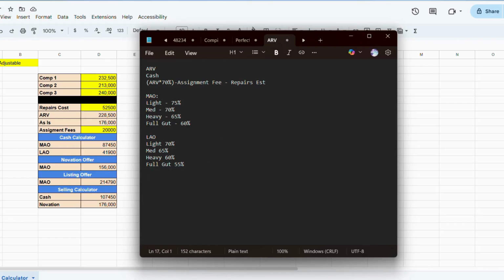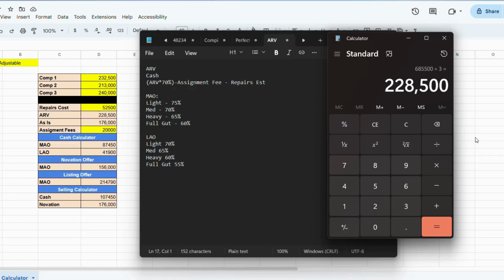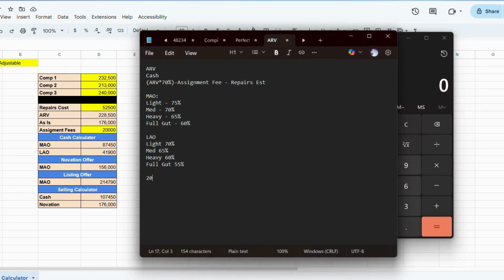So let's say, for example, I pull my calculator right here. Our ARV in this case is 200,000. Our property is medium repair, so it needs around 45,000 in repairs, right? And for the assignment fee that I want to get on this property, I want to get around 20,000.